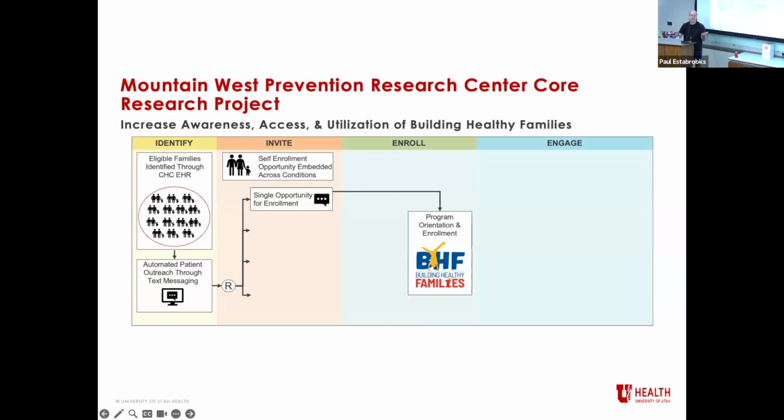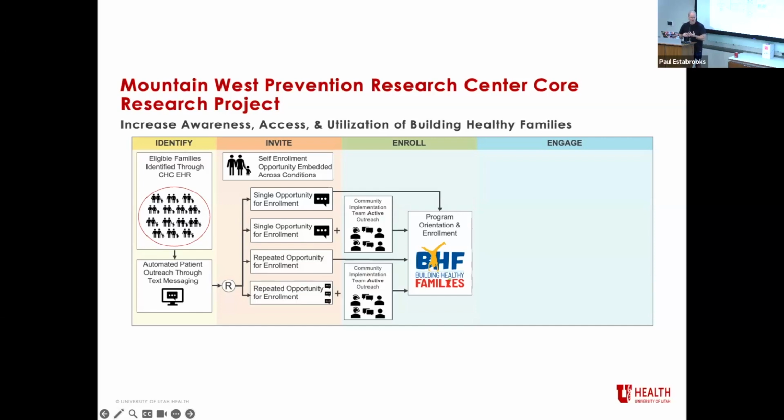And so then we wait for folks to respond to that. And then those that don't respond to opting out, we then start this process where they're randomly assigned to either getting a single text message with or without active follow-up from the community implementation team, or they get repeated opportunities for enrollment. So repeated text messages with or without community implementation team follow-up.